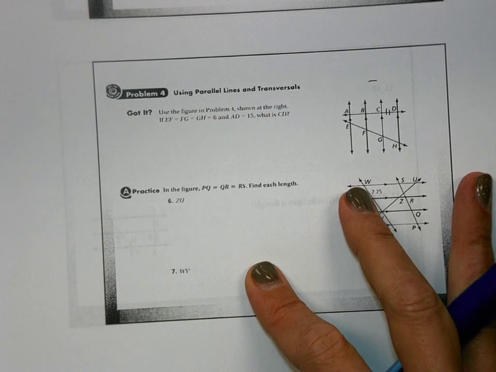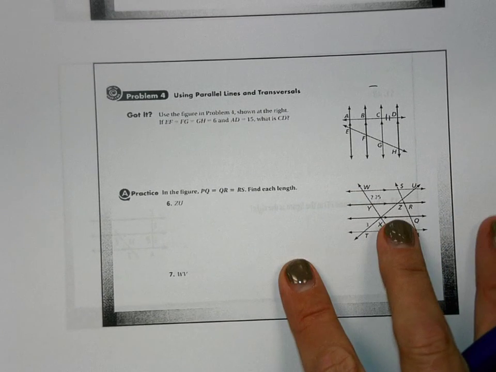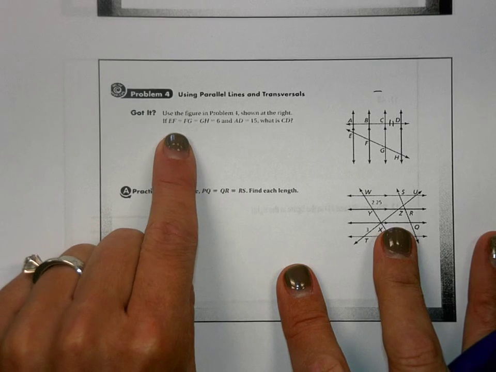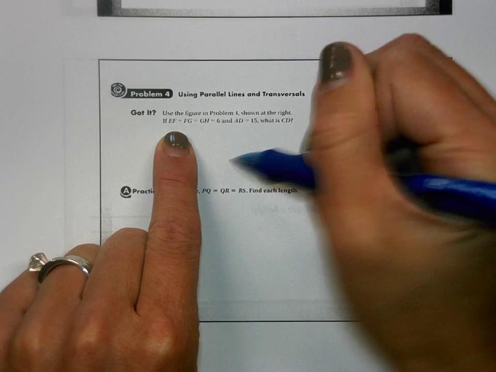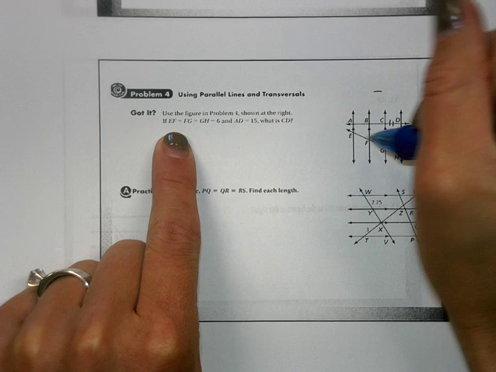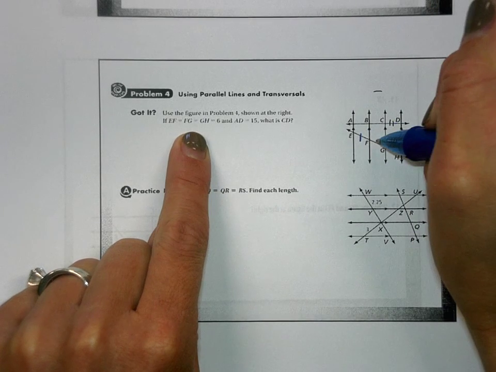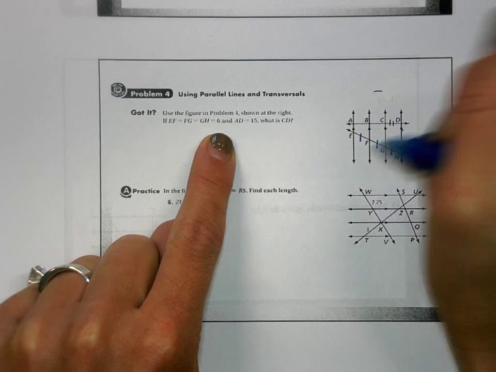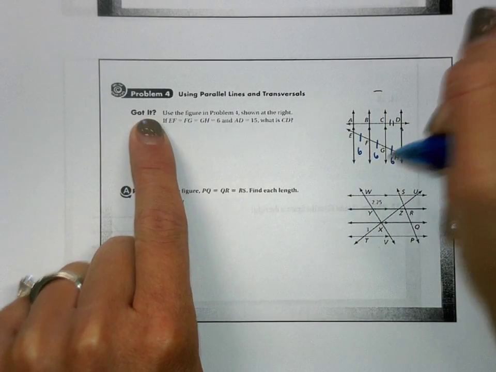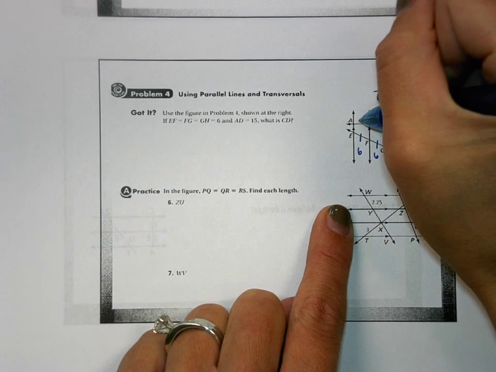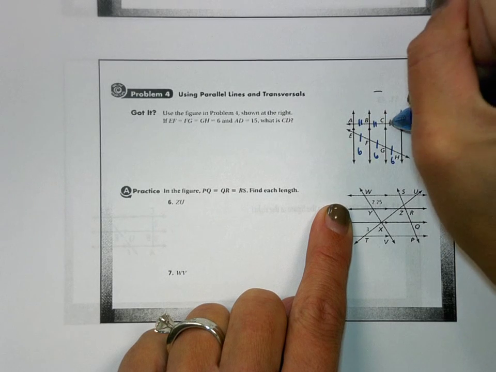So if you notice on this one, first of all, we know that all of these lines are parallel because they have the little arrows in them. And then it says EF, FG, and GH all equal 6. So since all of these are equal, that means on the opposite side, each of these pieces here also have to be equal.